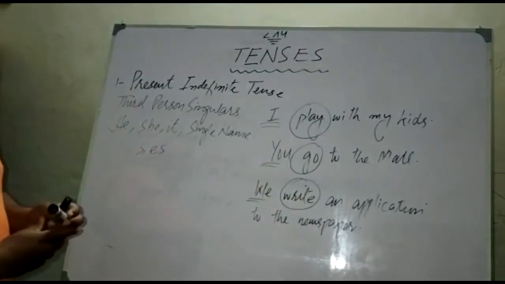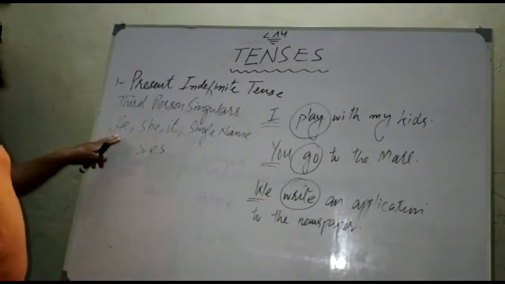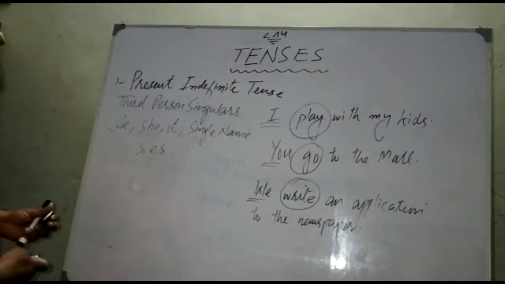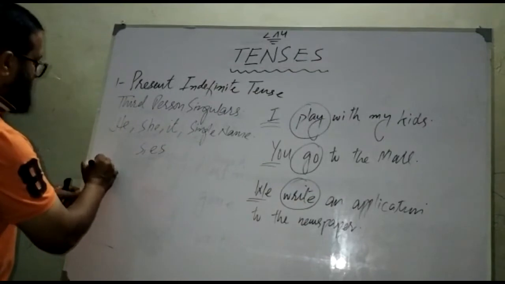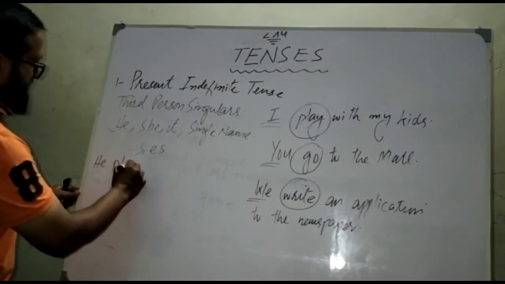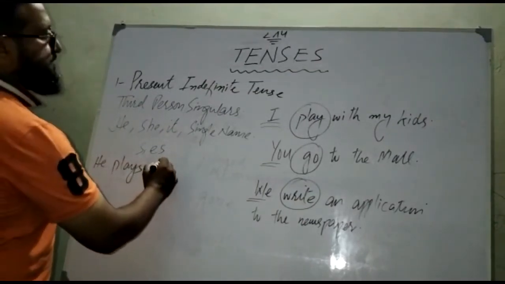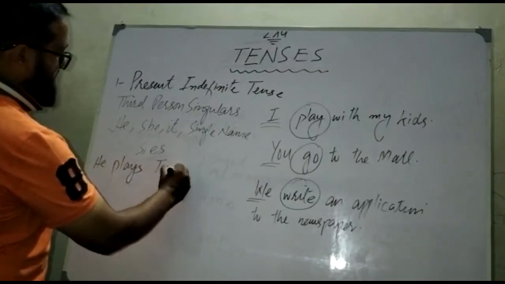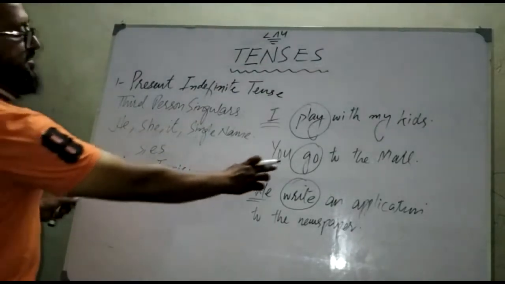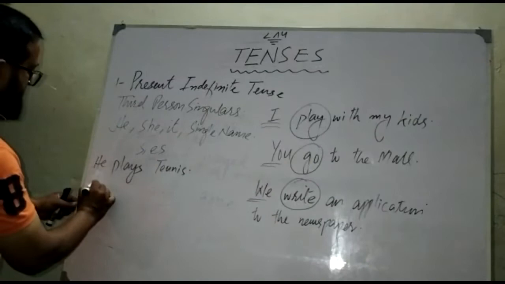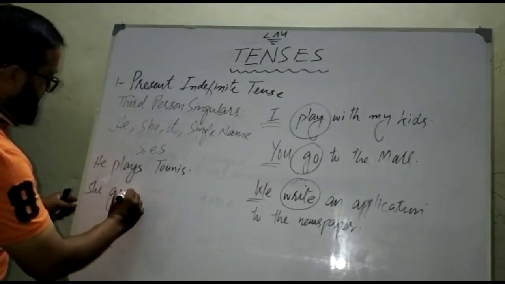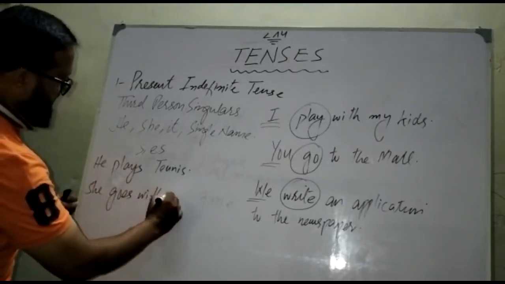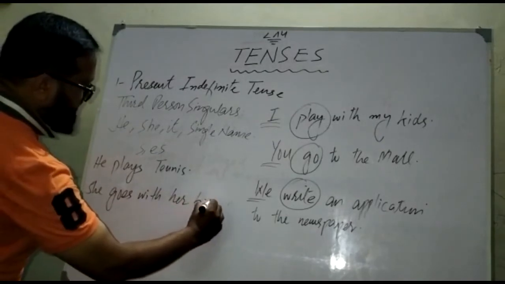So when you change these sentences with the third person singulars, the sentence will become: he plays tennis. It will become: she goes with her brother.